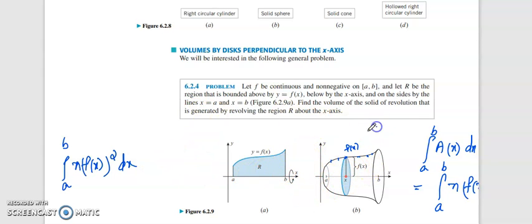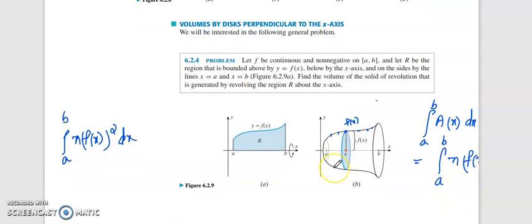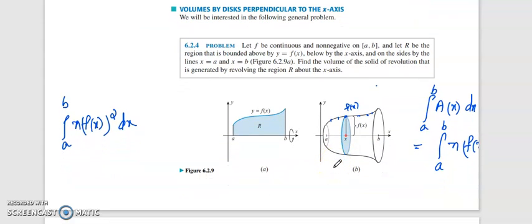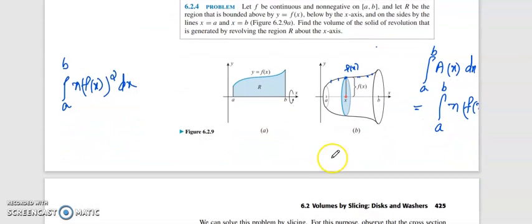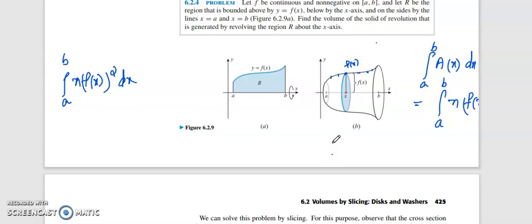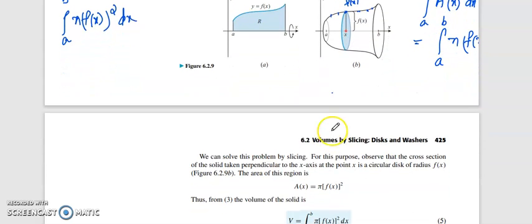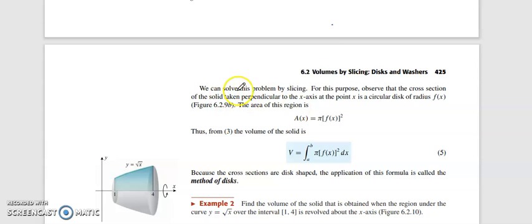So here we are using volume by slicing to find the volume. This way of finding the volume of a solid of revolution is called the method of disk. So this is how we solve the problem. We can solve this problem by slicing.